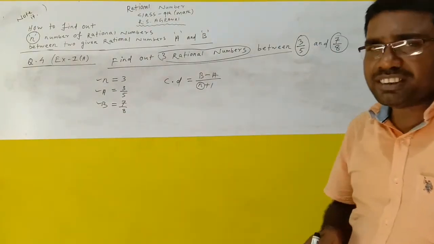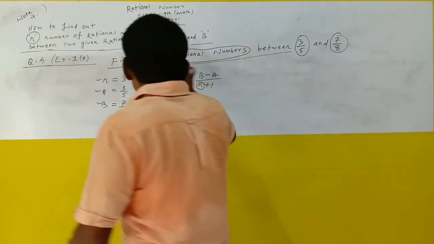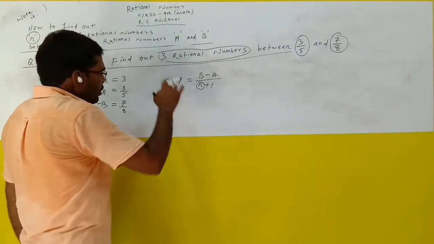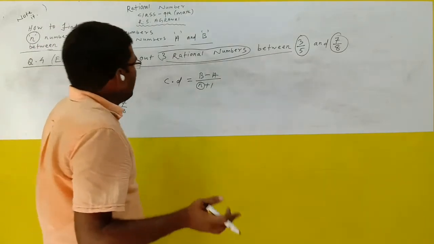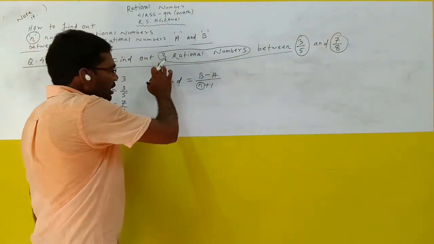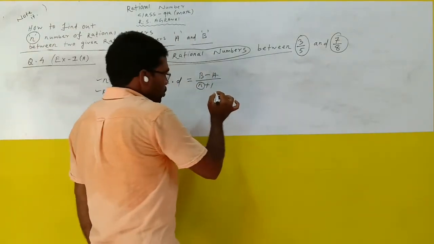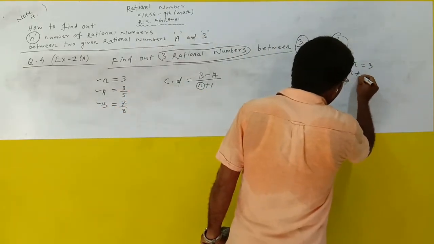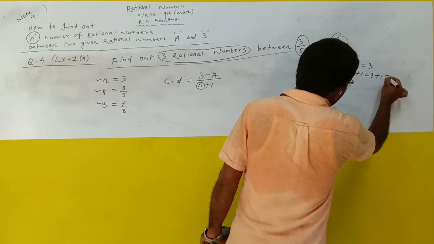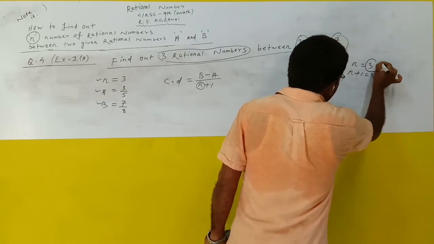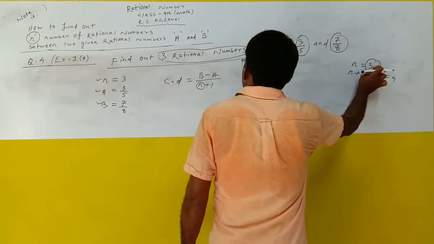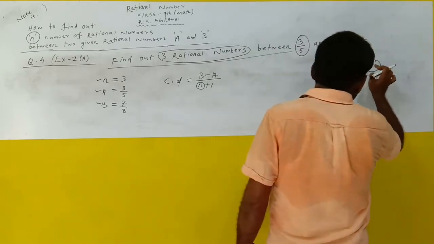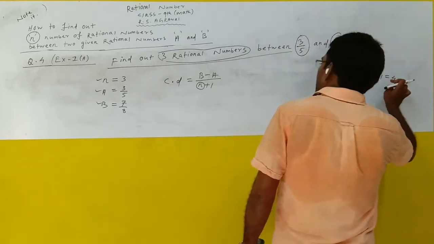If you want to find out three rational numbers, then your number of gaps will be 3 plus 1, that is 4. The value of n is 3, then n plus 1 equals 3 plus 1, that is 4. 3 is your required rational numbers, you want to find out, and 4 is the number of gaps.